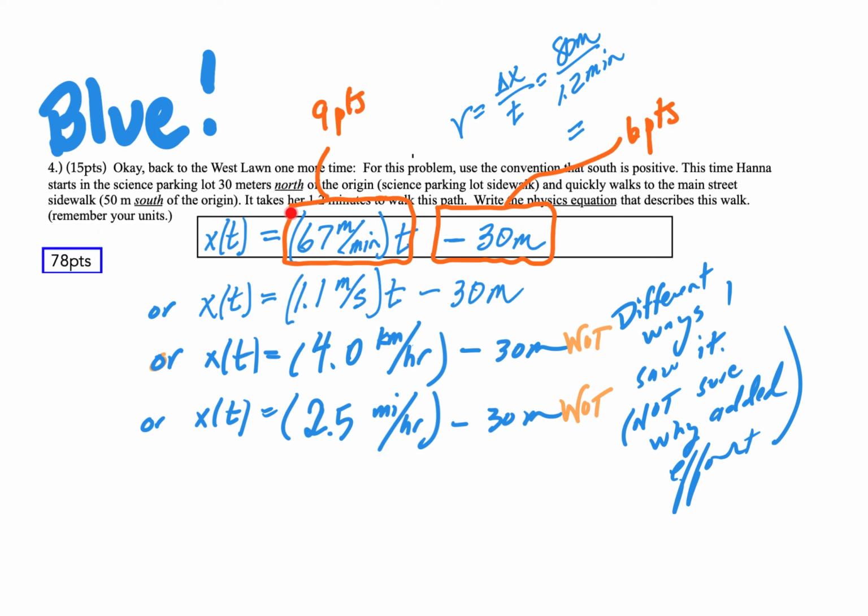And then you're going to go a total of, it says, can't read this very well. I divided the total distance, 80 meters is how far you went. It's positive 80 meters. And I did that in 1.2 minutes. So that gave me 67 meters per minute. You can't leave that as 80 over 1.2.